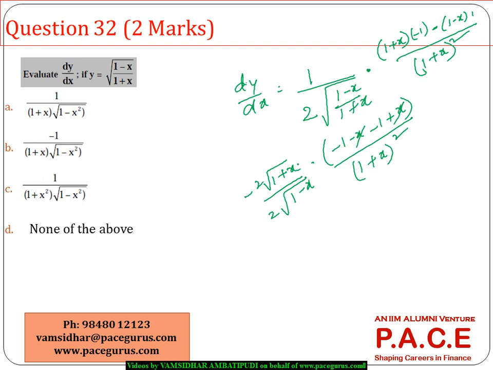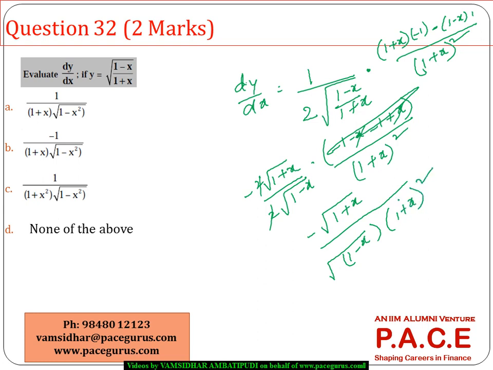So I can write minus 2 into this one. Simplifying, minus square root of (1 plus x) by square root of (1 minus x) into (1 plus x) whole squared. This is what is coming out as the derivative in the numerator part.